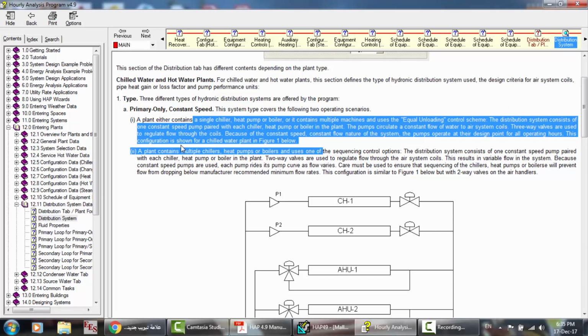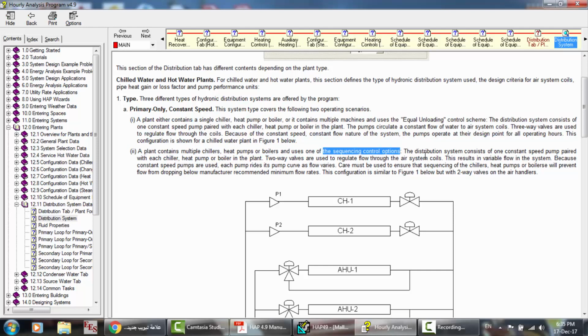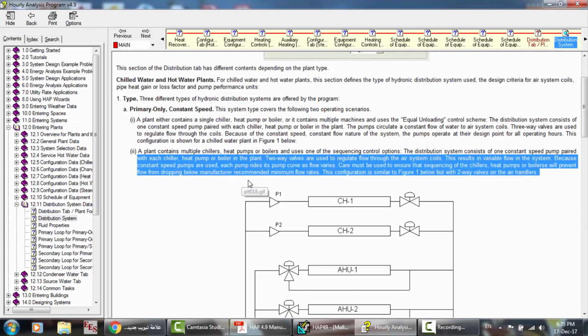So this configuration is shown here. Also, a plant contains multiple chillers, heat pumps, or boilers, and uses one of the sequencing control options. The distribution system consists of one constant speed pump paired with each chiller, heat pump, or boiler in the plant. Two-way valves are used to regulate flow through the air system coils.